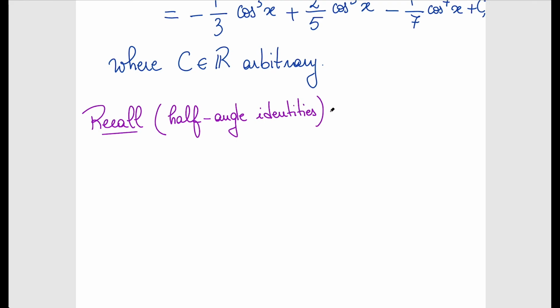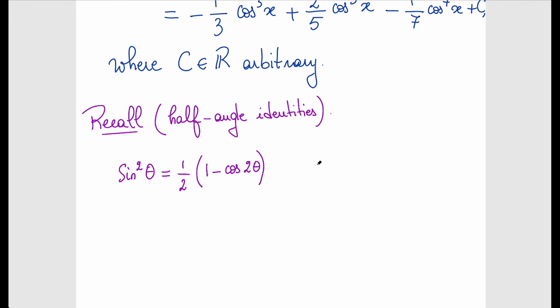So half-angle identities, those are identities which connect half the angle to the angle, right? So sine squared of theta is equal to half times 1 minus cosine twice theta, right?